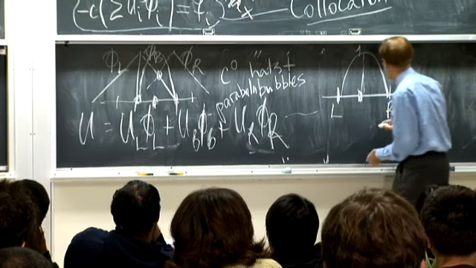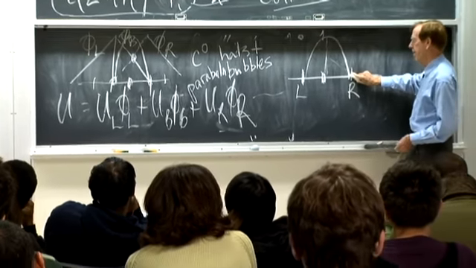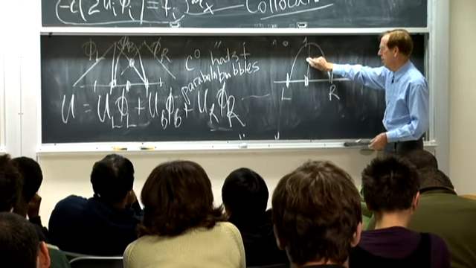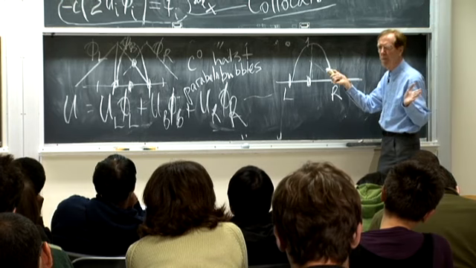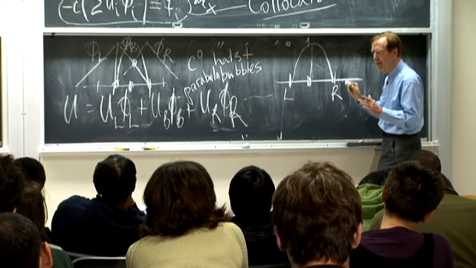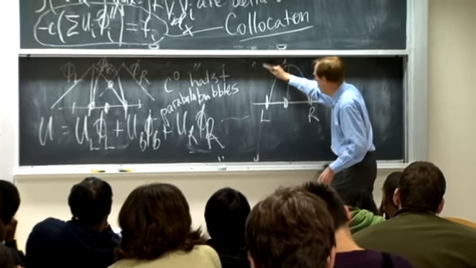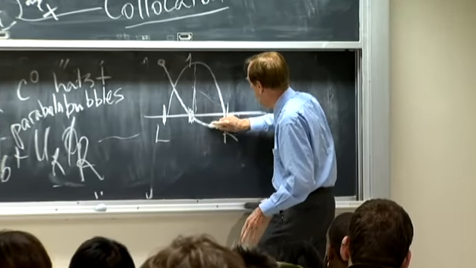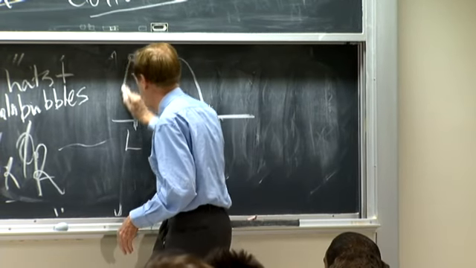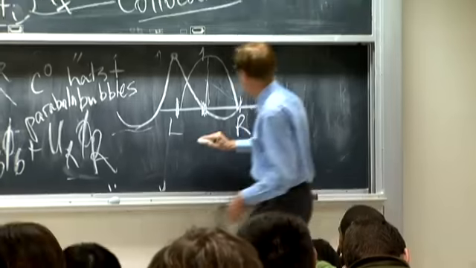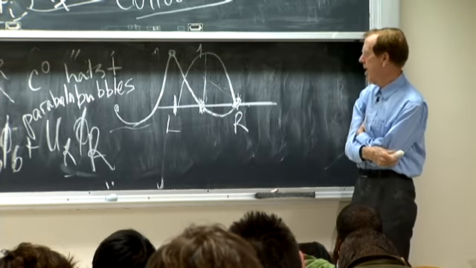So you see my hat, instead of coming down like that and being 1/2 at that point, what shall I do? I replace that hat by some combination of the hat and the bubble to make a parabola that does that. And of course, the other side will be the same. So that's not a hat anymore.